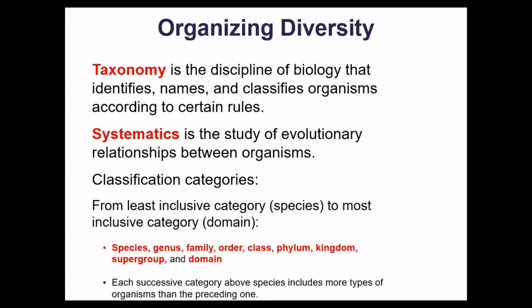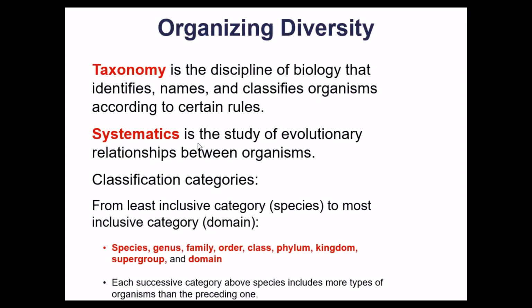Especially with the advent of molecular tools, molecular biology, DNA, RNA work, scientists have a better understanding of how things are really related, and they continue to try to name, rename, or reclassify different examples of living organisms. That's taxonomy.